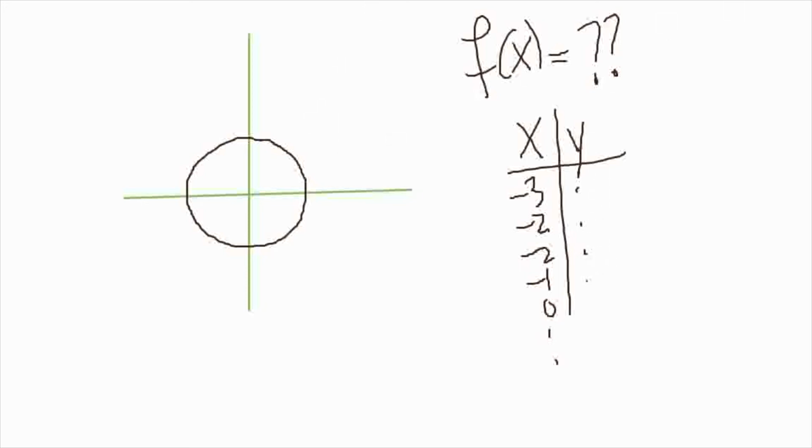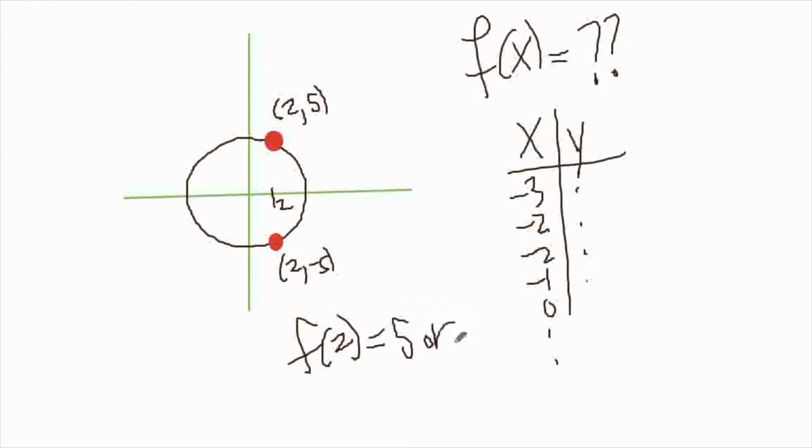Think about 2 points on the circle that are right on top of each other. Let's say that the x value for those is 2. And let's say that the top is 2 comma 5, and the bottom, let's say, was 2 comma minus 5. Well, what is f of 2 for the function? Is it 5 or minus 5? Do you see the problem?